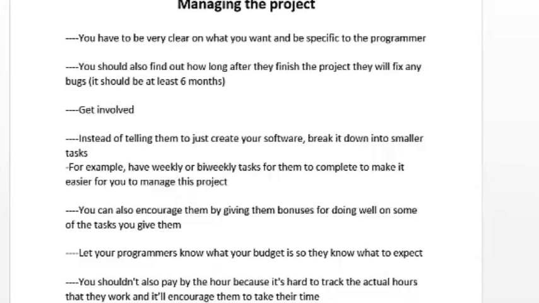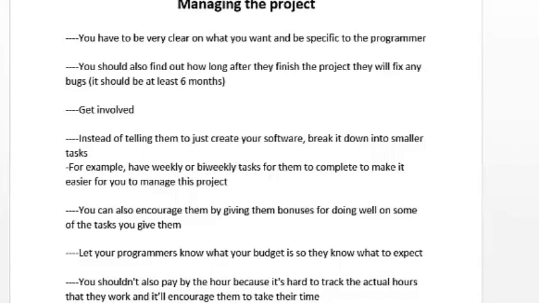And instead of just telling them to create your software product, you should break it down into smaller tasks so that it is easier to work on, and it'll be better for you to monitor the progress of your software product. Okay, so for example, you can have weekly or bi-weekly tasks or goals for them to complete to make it easier for you to manage this project.